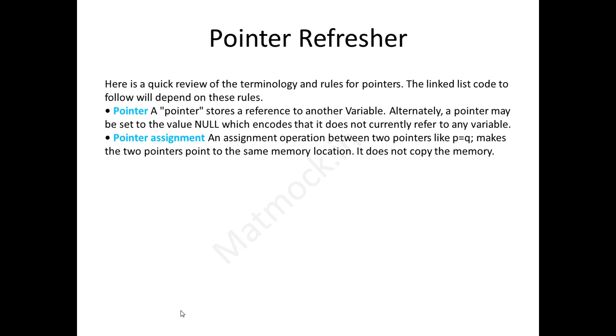What it will do is make the 2 pointers point to the same location. What it means is that the P pointer here will point to the memory location to which Q was pointing. So this is the meaning of pointer assignment.